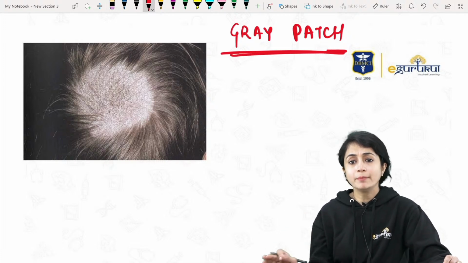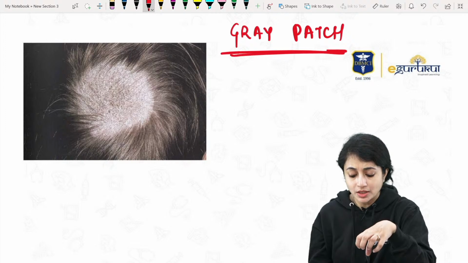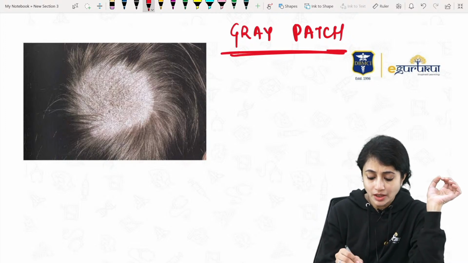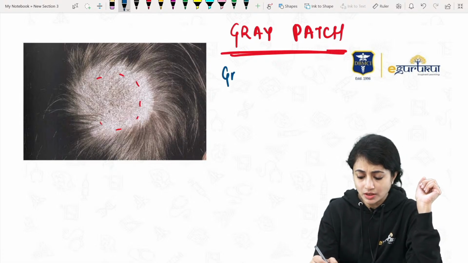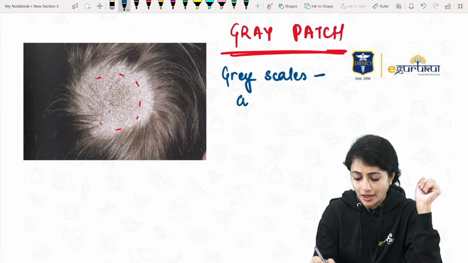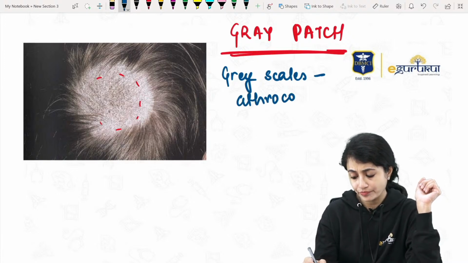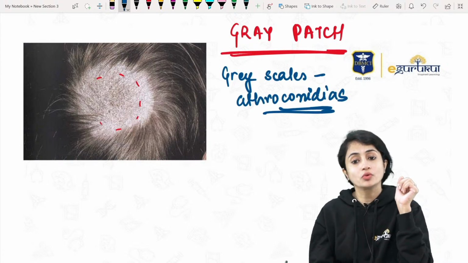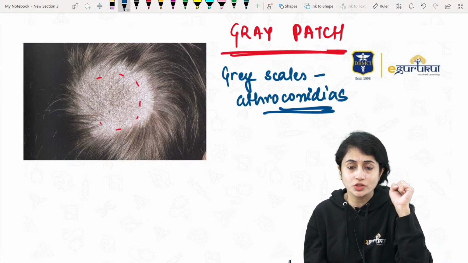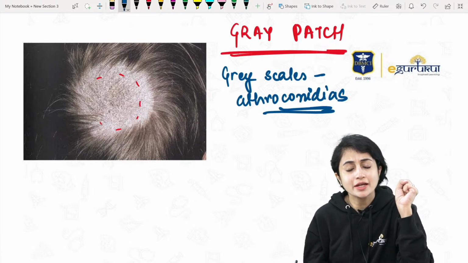Now, grey patch, as you can see some grey scales here. Can you see these grey scales? These grey scales are actually arthroconidia, the fungal arthroconidia. They are fungal spores which are lying. So why is it happening here?